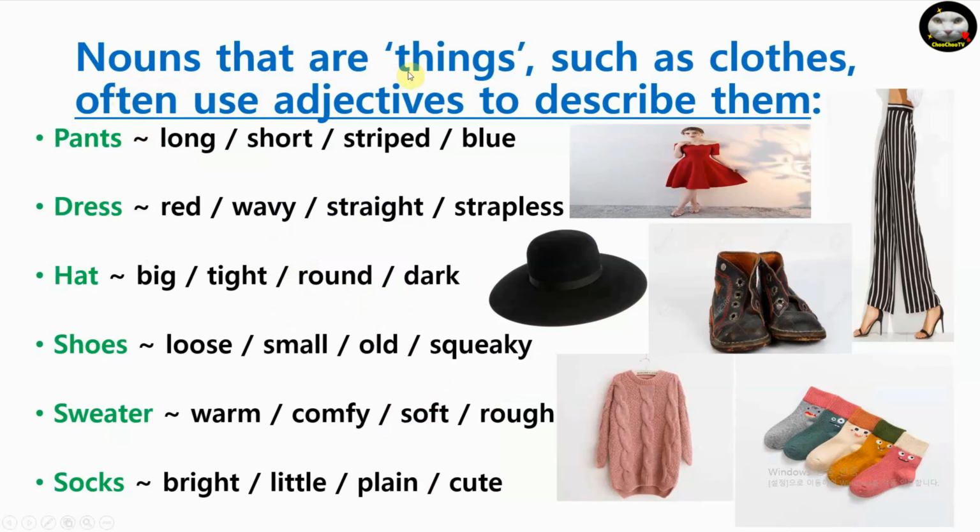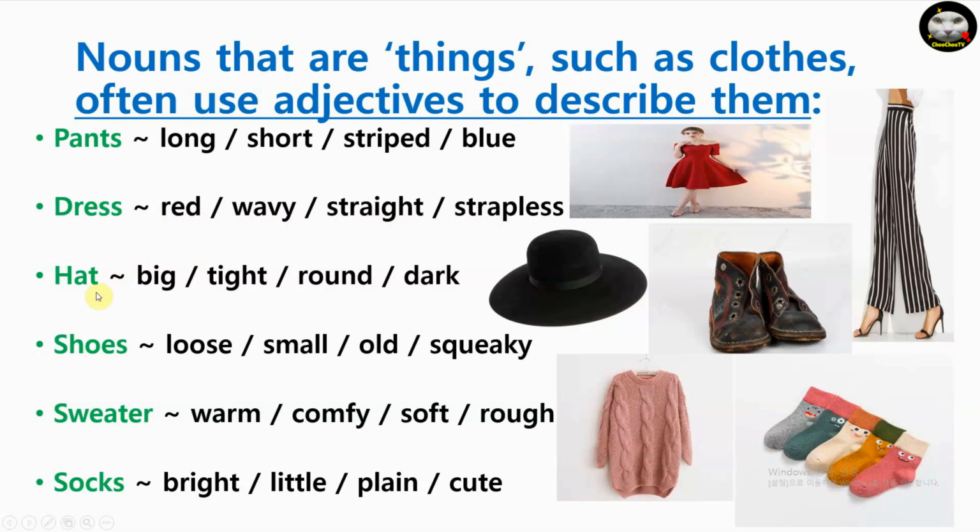Nouns that are things, such as clothes, often use adjectives to describe them. Pants could have the adjectives long, short, striped, blue. A dress could have adjectives red, wavy, straight, strapless.